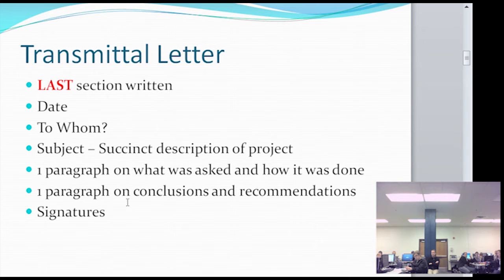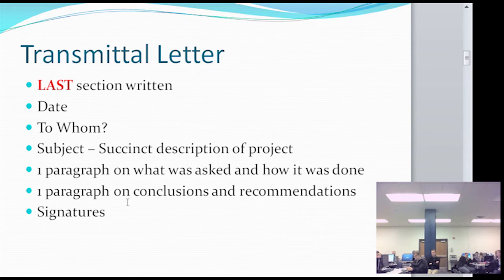Okay, it's not freeze-dried. It's what were you asked to do. Because when we talk about who reads the transmittal letter, you'll find that more people will read the transmittal letter than ever will read your report. Okay? And so you need to have in that subject heading what you were asked to do.